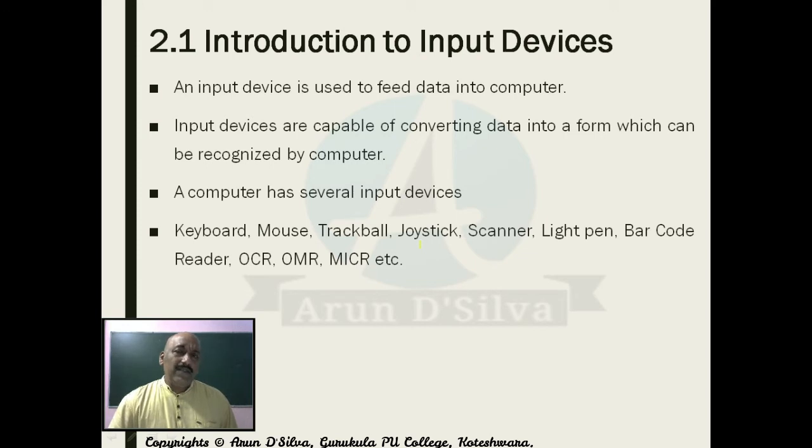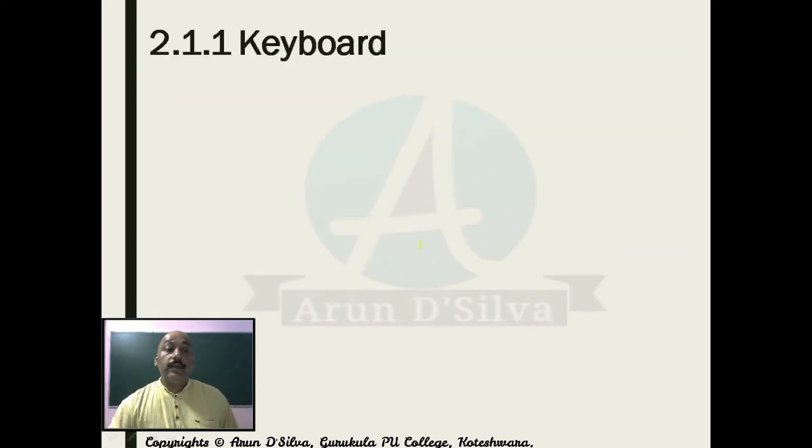If I list them out you may get many, but I'm not going to discuss each and every one. When going into detail, I'll take 3-4 devices only, just to make clear how they work. So first, let me take the keyboard.